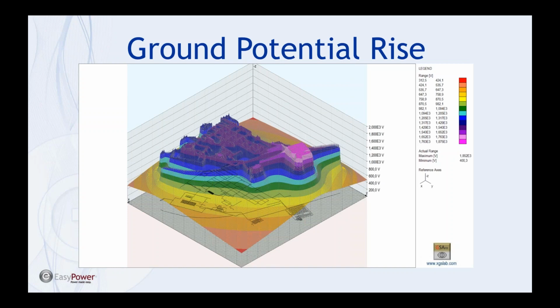The ground potential rise is different through this large area because of the impedance of the conductors involved. You can see that the pink area on the right side is probably where the fault is located, and the farther you get away, the less current is leaking out of the conductors. It always takes the lowest impedance direct path back to the source, so it's going to leak out to get away from the point of the fault, and less elsewhere.